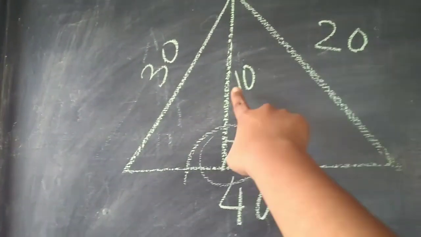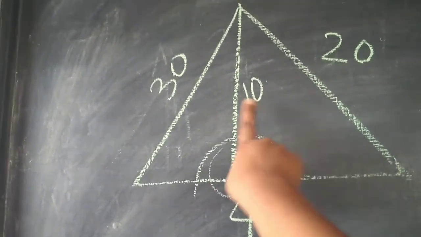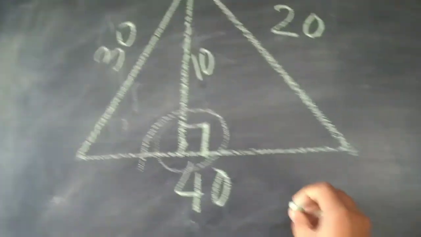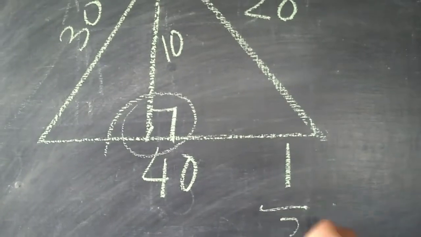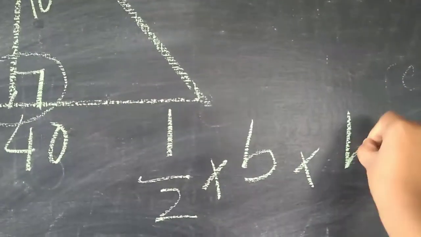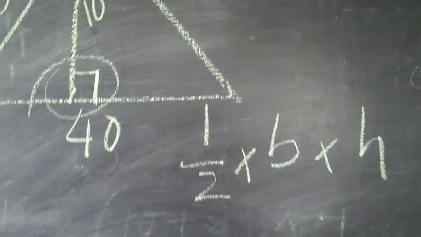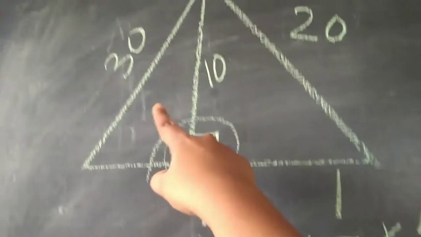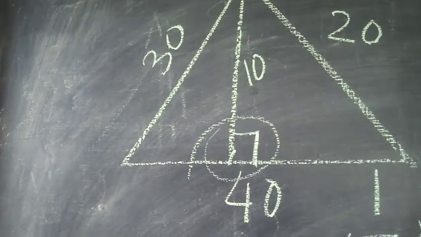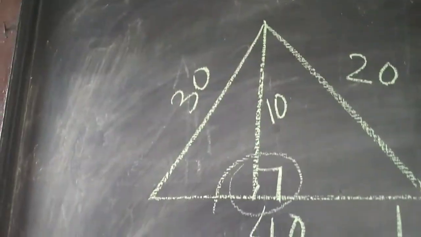If the measurement of the height is given, and the base is also given, which formula will you use? Half into base into height. But what if the height is not given and only 3 sides are given, that is 30, 20 and 40? Then you use Heron's formula.